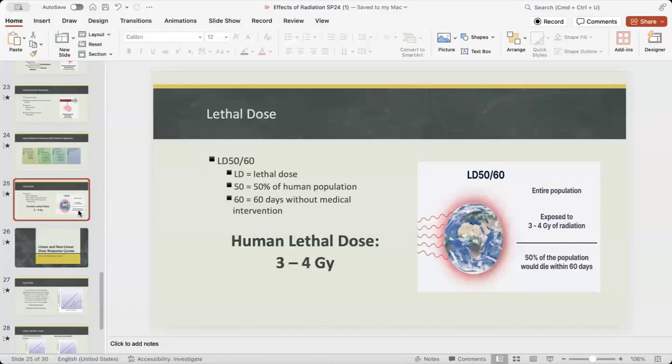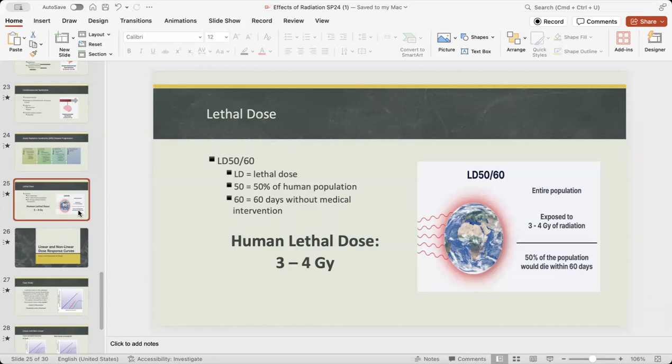Now the term lethal dose. In this equation, you see LD 50/60. The 50 means that if 50% of the population is exposed to a lethal dose, then within 60 days they will experience death without any kind of medical intervention.